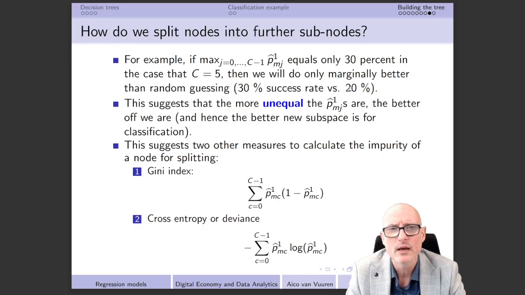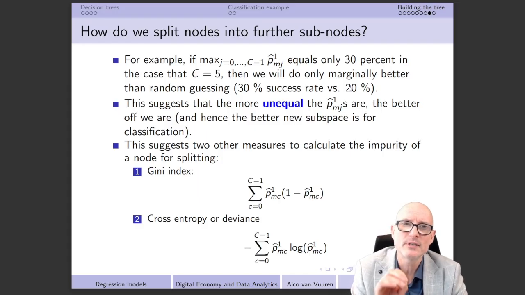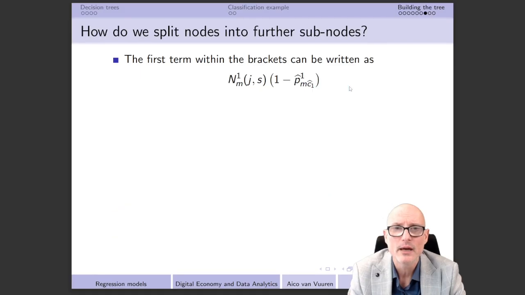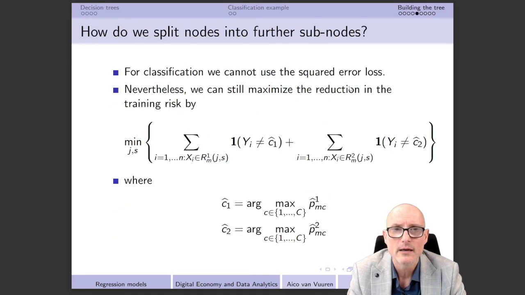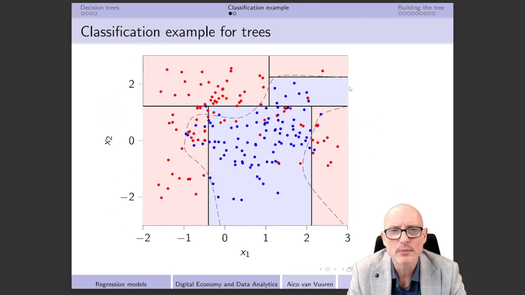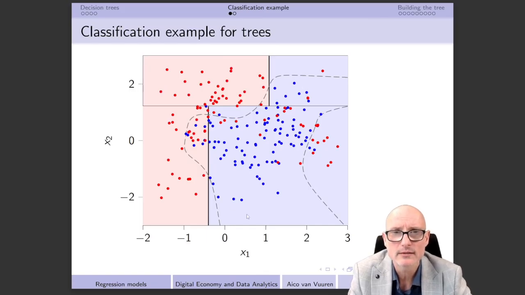essentially means that what we need is a particular subspace which is unequal in terms of the classes. That's also what we have already seen at the moment that we have been looking at these pictures that we have over here. If you would like to divide this subspace into further subspaces, then one thing that you shouldn't do is to try to find the subspace which has relatively a lot of reds as well as a lot of blues.